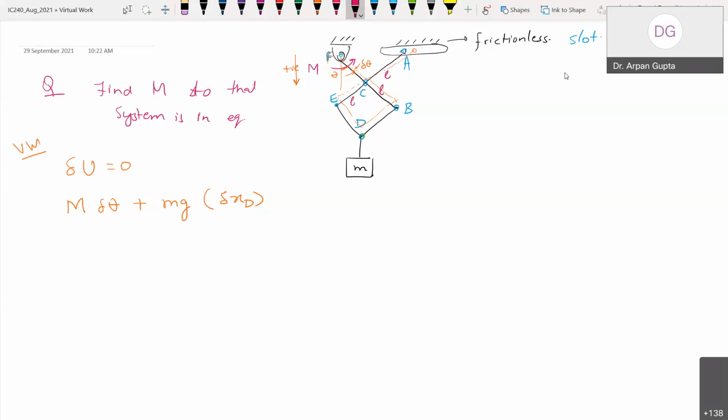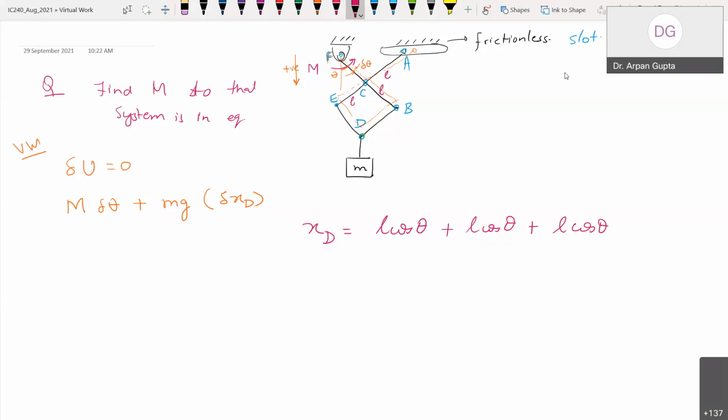So if this is equal to L, I can write the position of point D as L cos theta, the vertical component of FC, then the vertical component of CB as again L cos theta, and for BD again L cos theta.